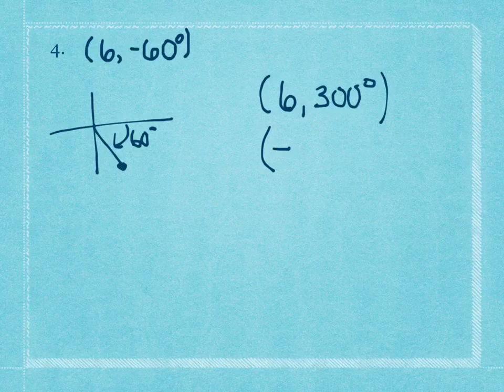Negative 6, 120. Good. So if I get negative 6, I would have gone on the left-hand side of the graph, left-hand side of the y-axis over here. And then I've gone 120, sweeping through 120 degrees to get where I am. That'd work. What else? Can you give me one that's got 2 negatives?